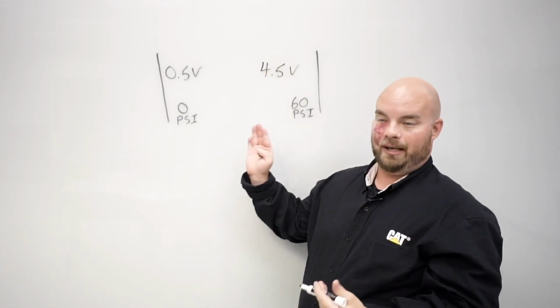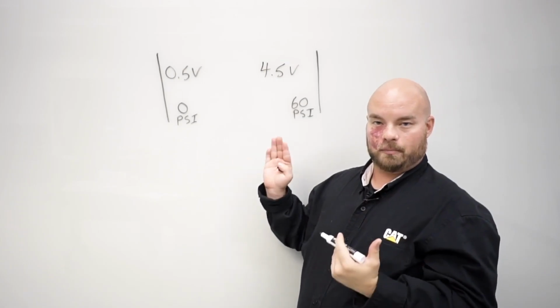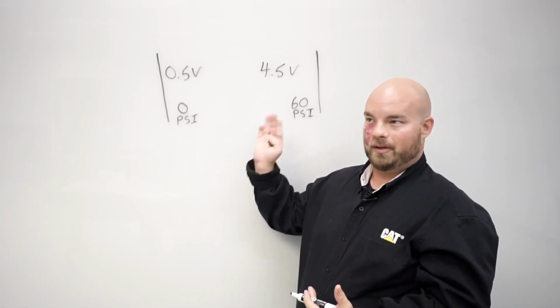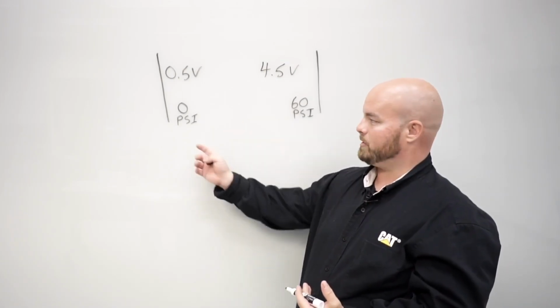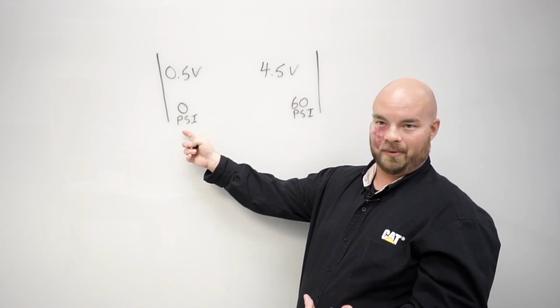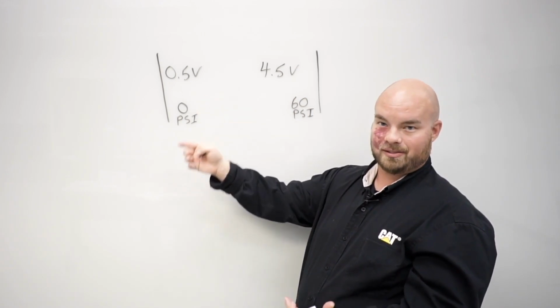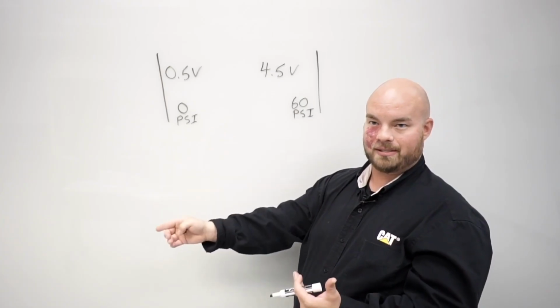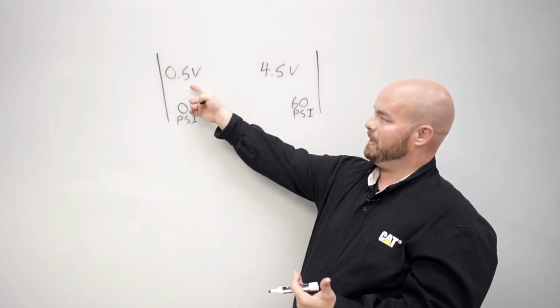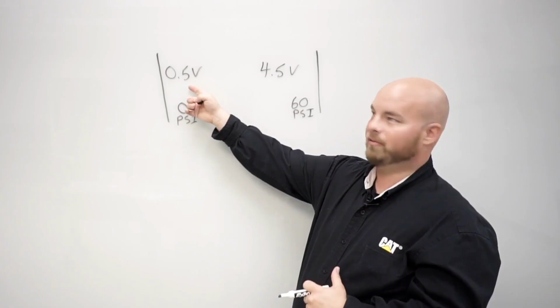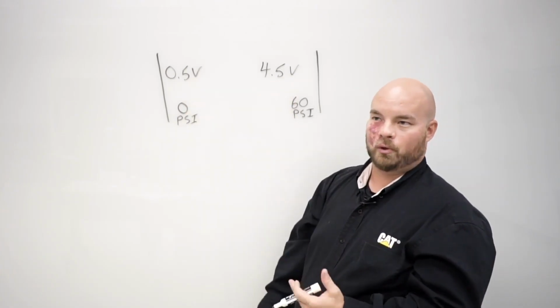So we said an analog sensor is going to put out an analog signal that's going to be a variable DC voltage. As we go from detecting 0 PSI all the way up to 60, the voltage the sensor is sending to the ECM is going to go from typically 0.5 volts up to typically 4.5 volts.